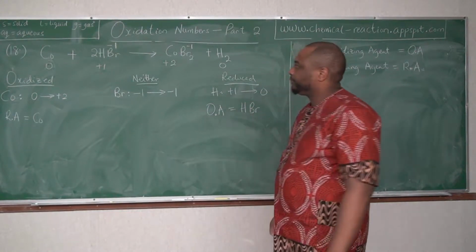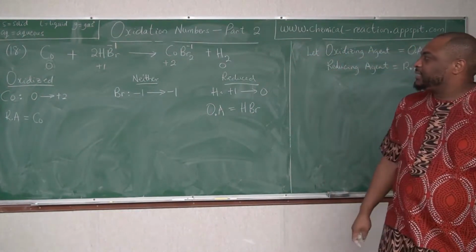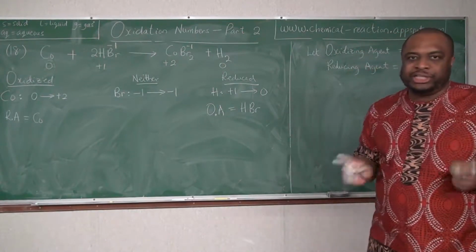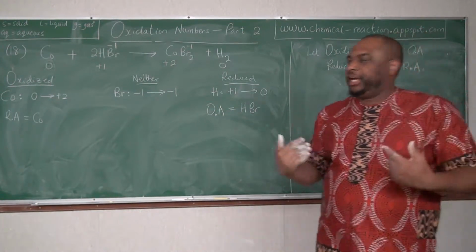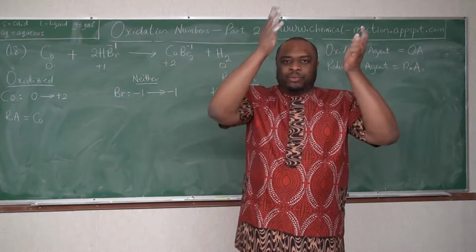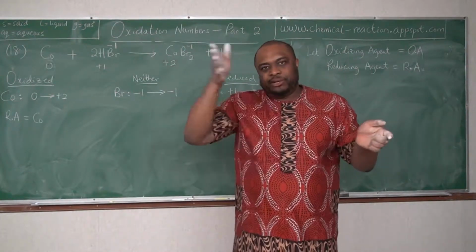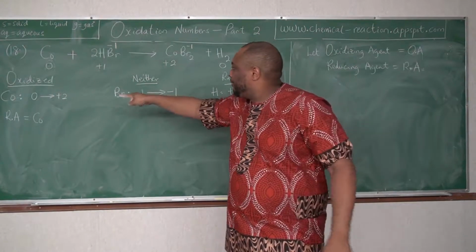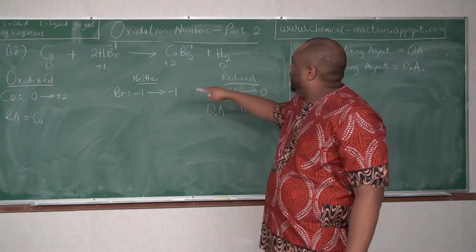Hydrogen bromide. Please do not write hydrogen. This is an agent, so it's not like the one that was oxidized or reduced, where I know it is the element, the atom.